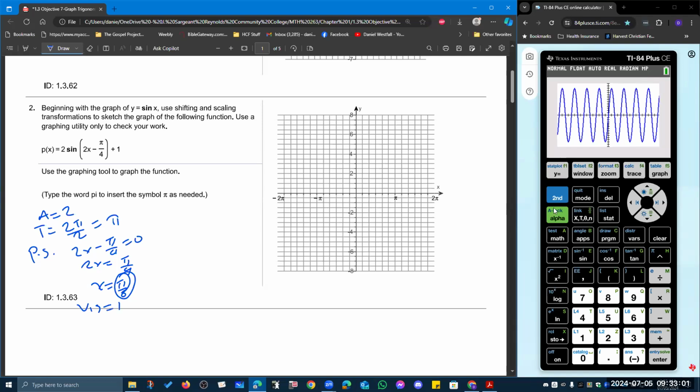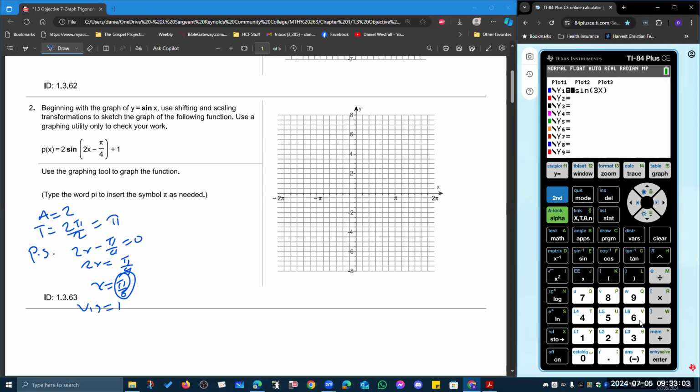So when we come in here, we type in 2 sine of 2x minus pi over 4 plus 1. Let's make some adjustments to our window. It's negative 2 pi to 2 pi, and it looks like we still have pi over 6 for our tick marks in the horizontal direction.